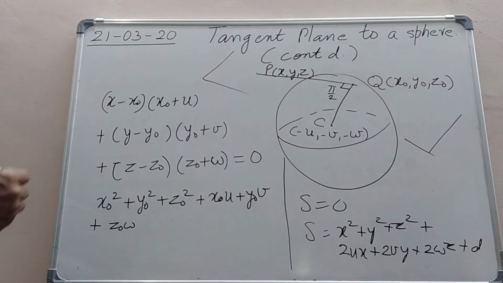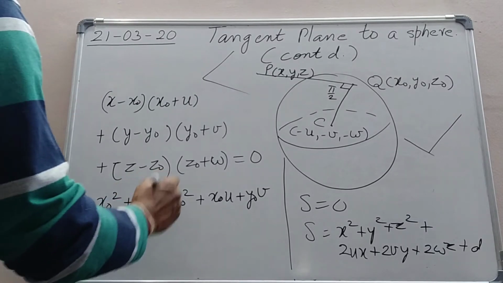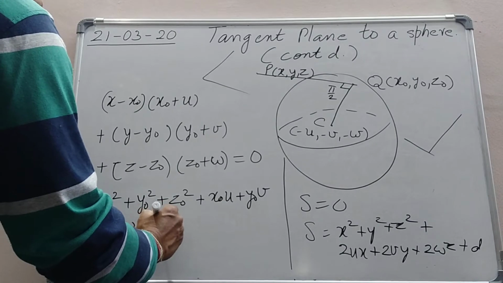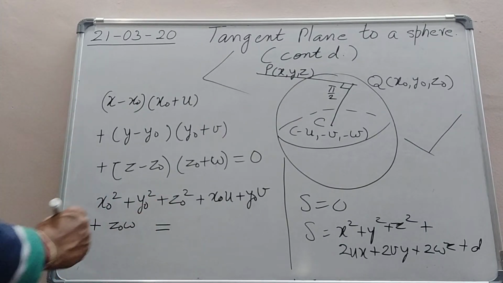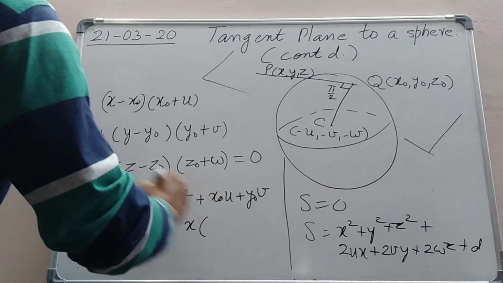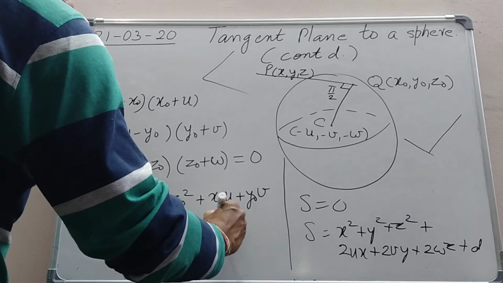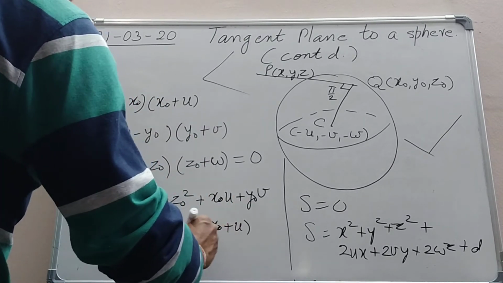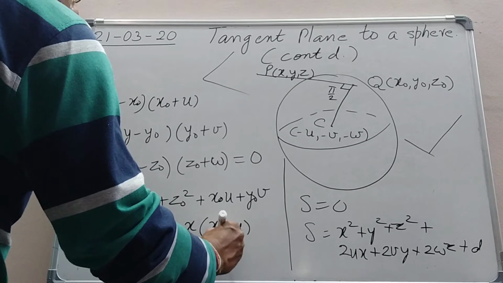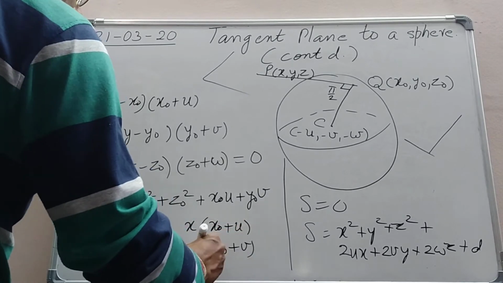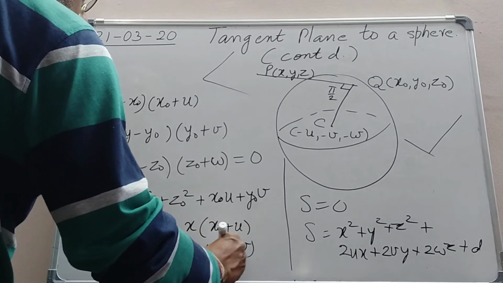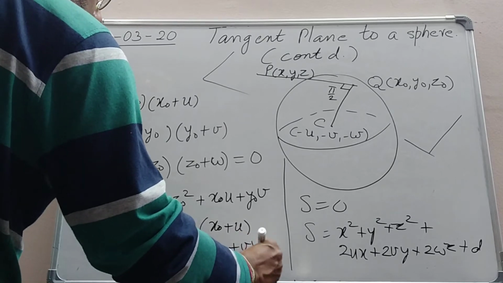And leave the rest of the things on the other side. This is equal to x into x0 plus u plus y into y0 plus v plus z into z0 plus w.